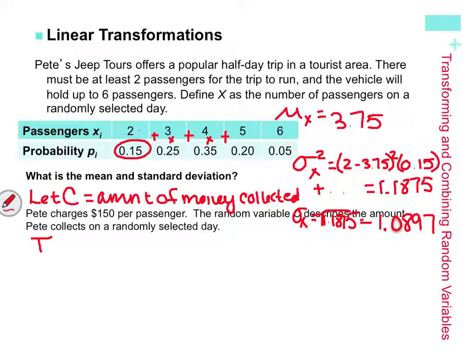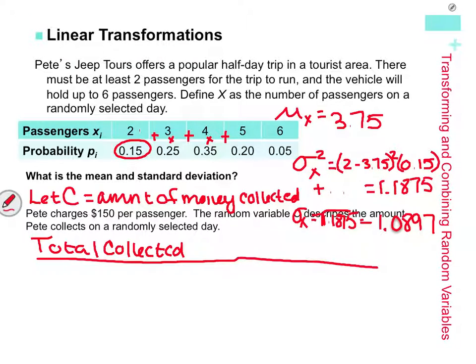I have the total collected money, the value of C, right? So if he has 2 passengers, he could possibly collect 300, 450, 600, and so on, okay?